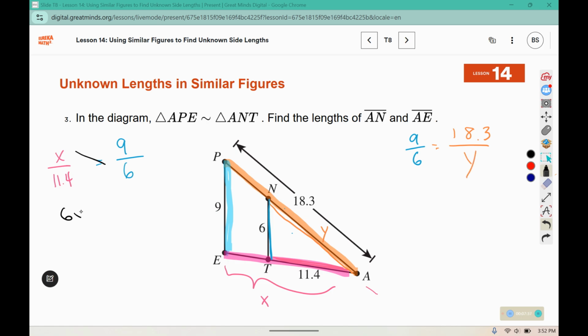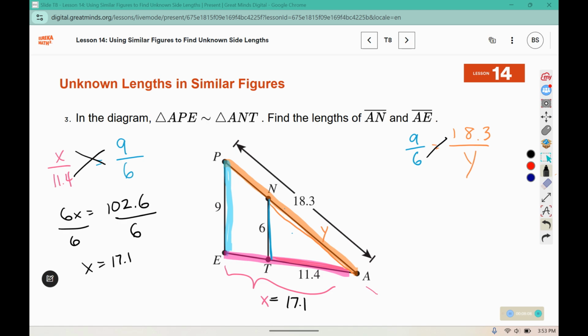This gives us 6x, and 11.4 times 9 is 102.6. Divide both sides by 6. And that gives us 17.1. So AE is 17.1.